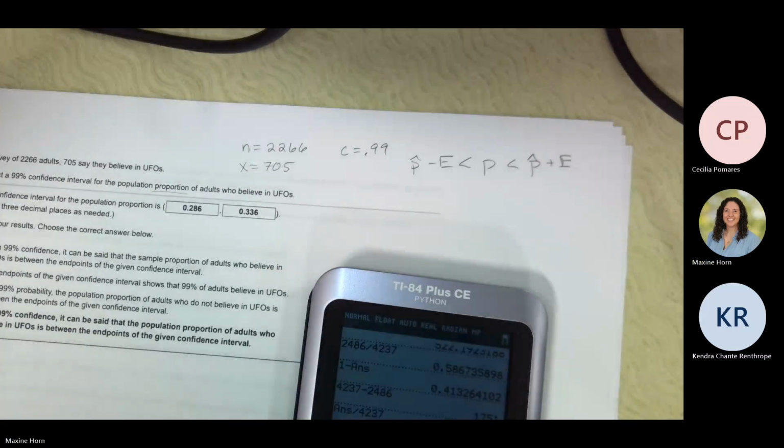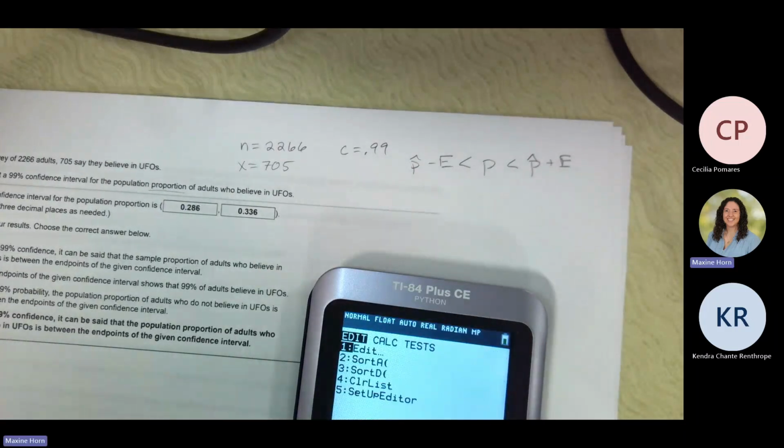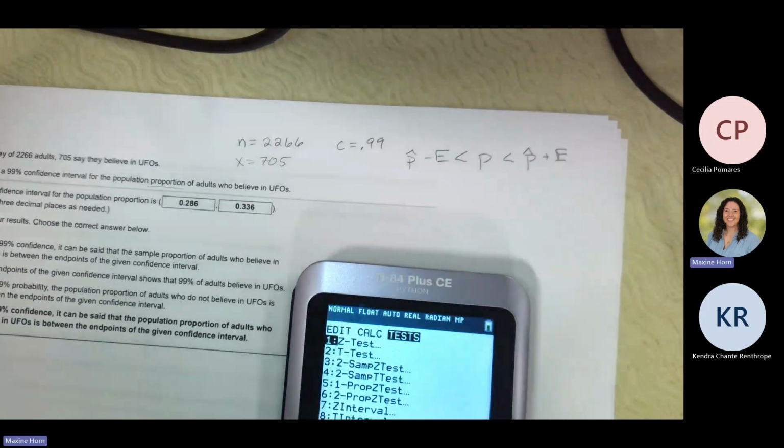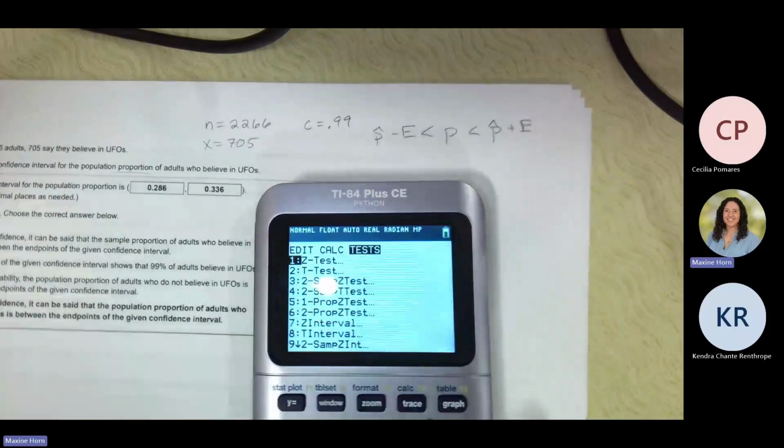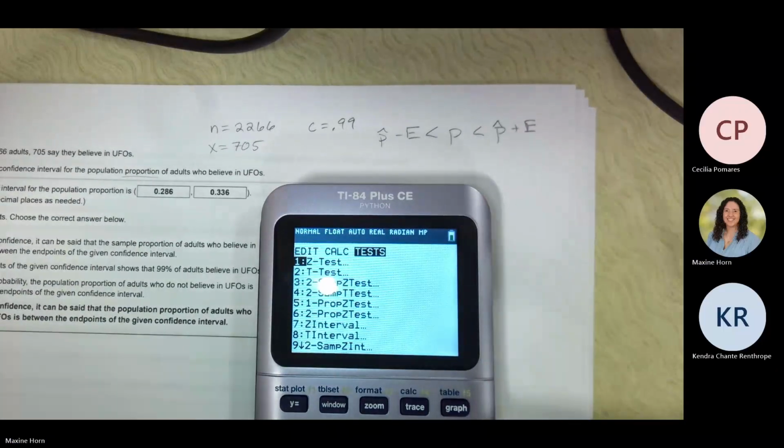Okay. All right. So we're going to go stat, we're going to go tests, and then I think I've showed you guys this before, but in case you didn't see it, I'm going to move this up here.